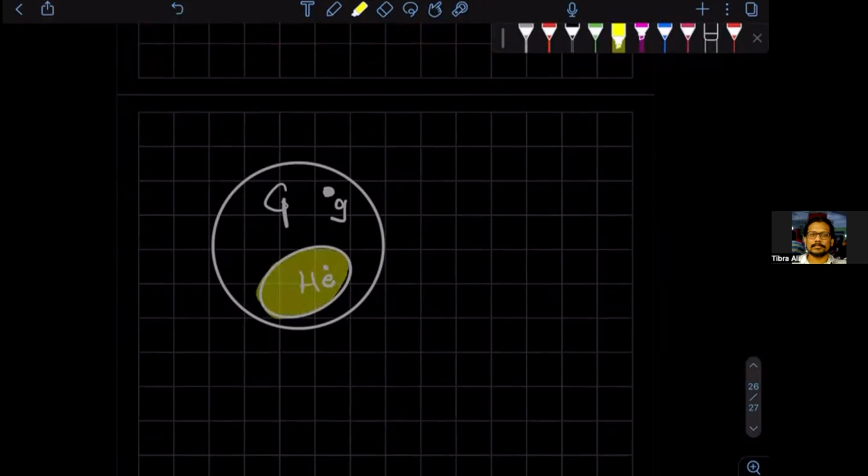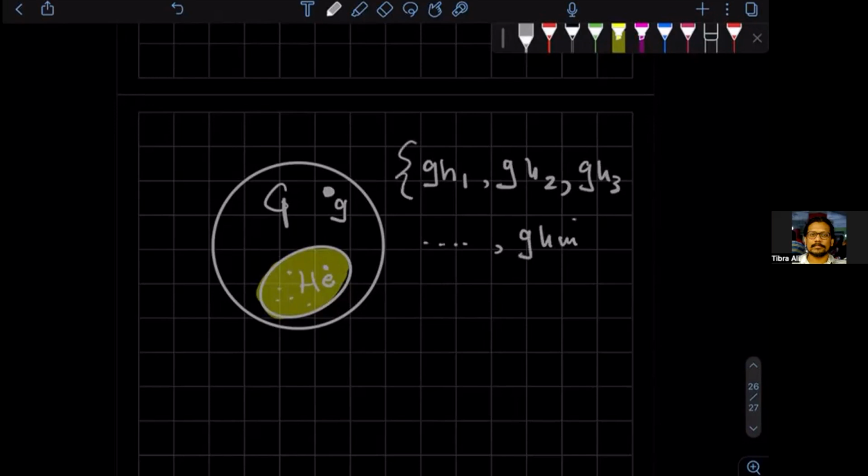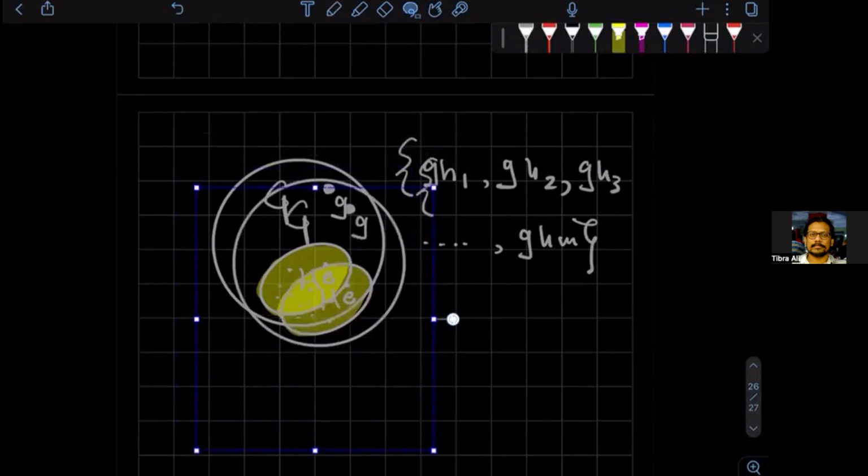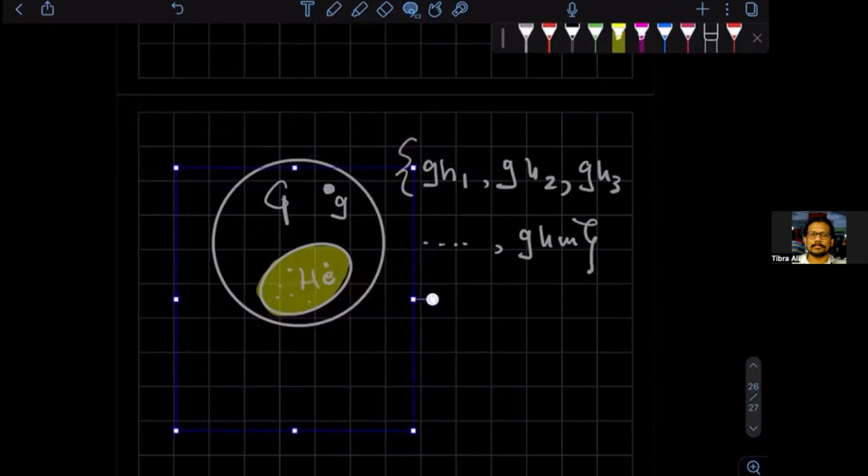And then what you do is that you take g and take every element of H and you multiply it with g. Suppose H has m elements. So you get a new set with m elements.